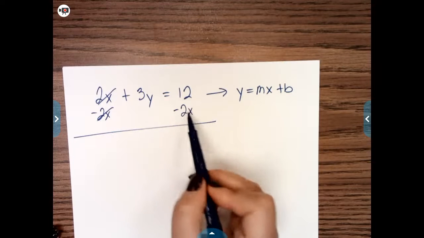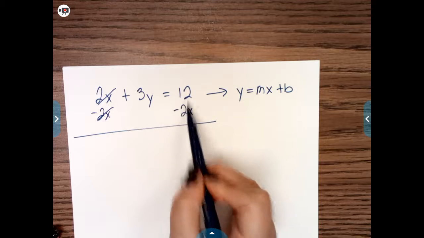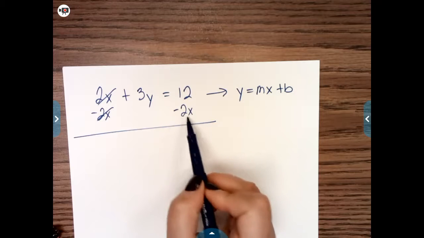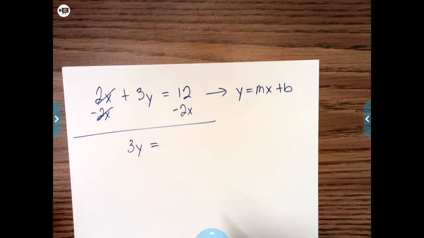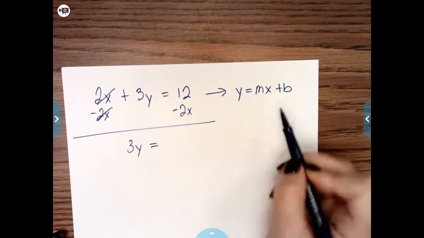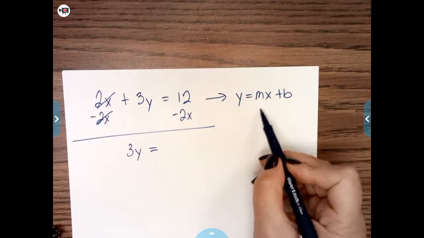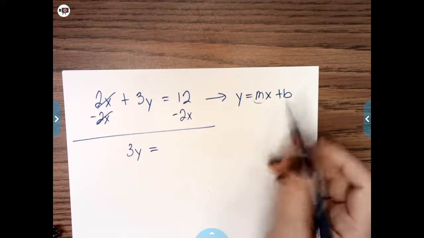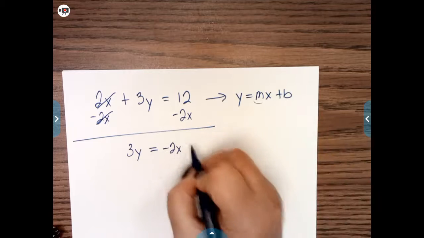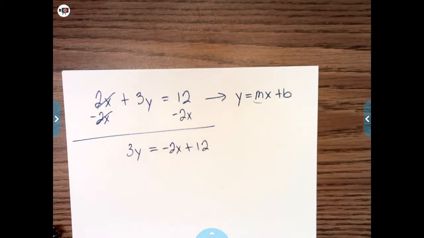But the problem with that is those aren't like terms. This is a constant, this is a coefficient term. So you can't actually subtract them, so we're just going to write them next to each other. And then in proper slope-intercept form, your x term comes first, and then your constant term, which is your b, comes second. So that's what it's going to look like.